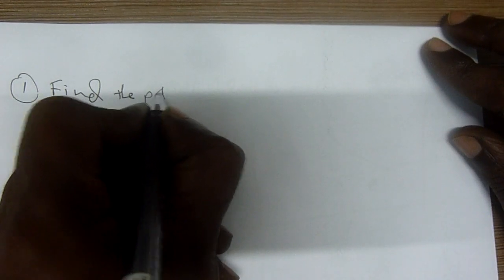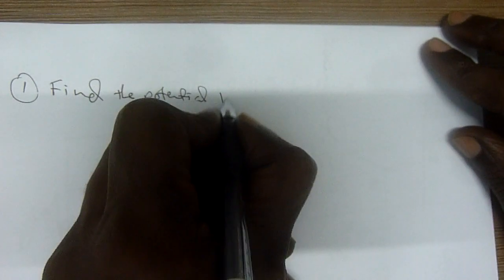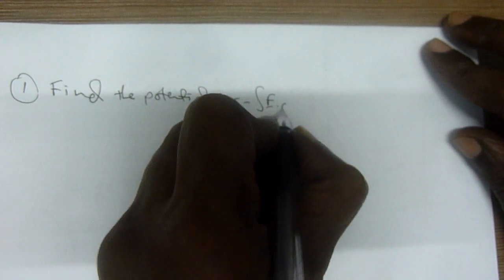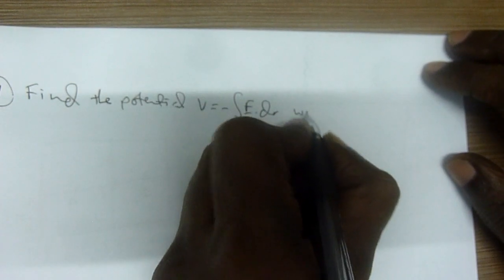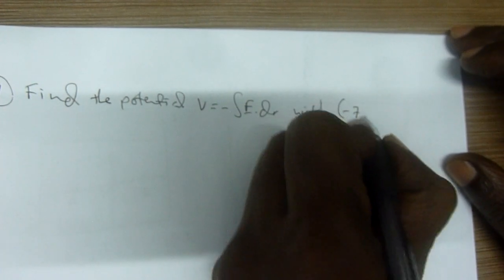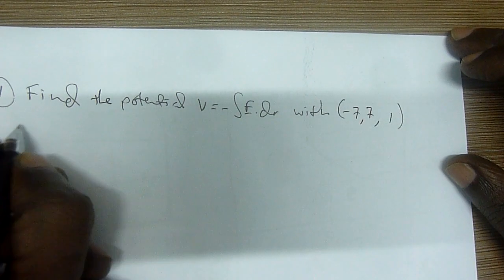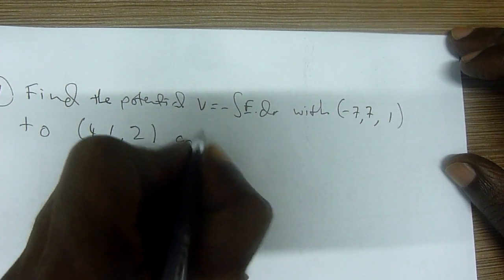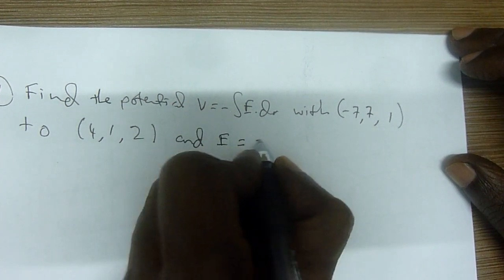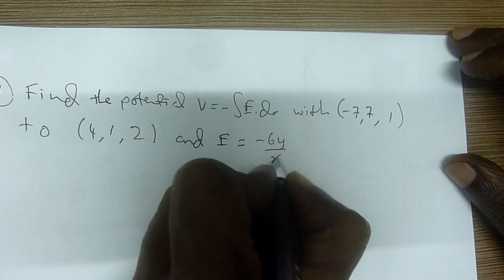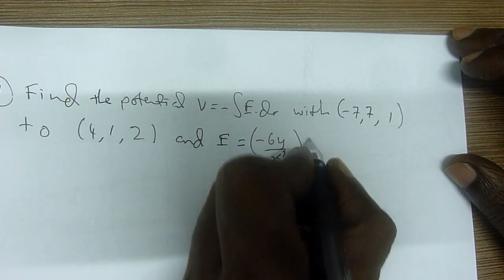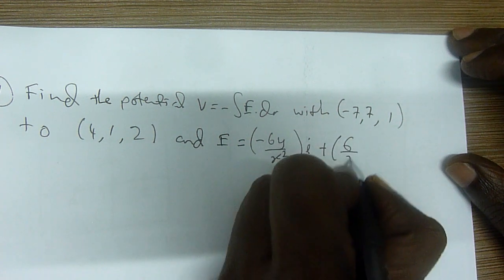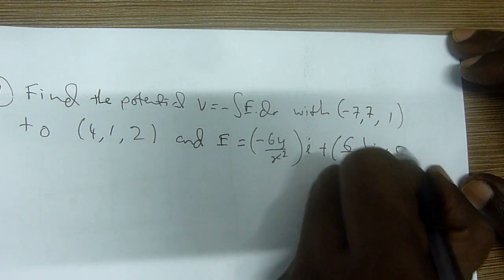Find the potential V, E dot dr, from negative 7, 7, 1 to 2, 4, 1, 2, and E has been given here: 6yx² i and 6x j and 5k.